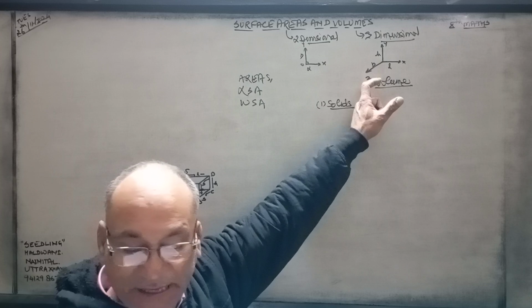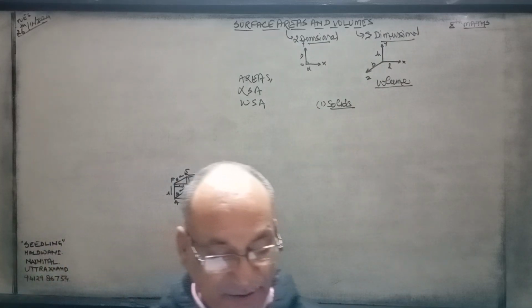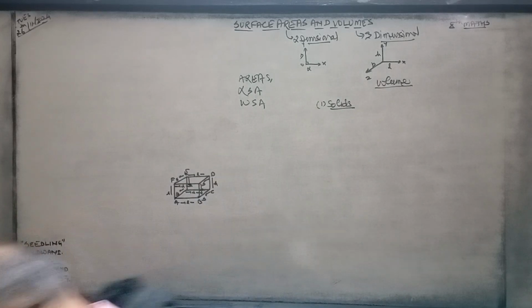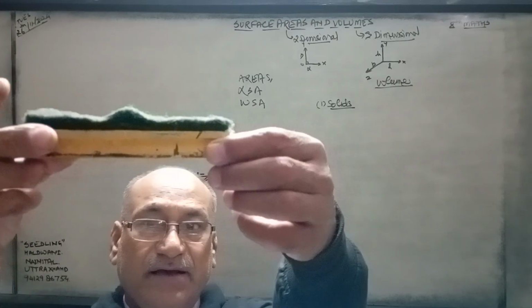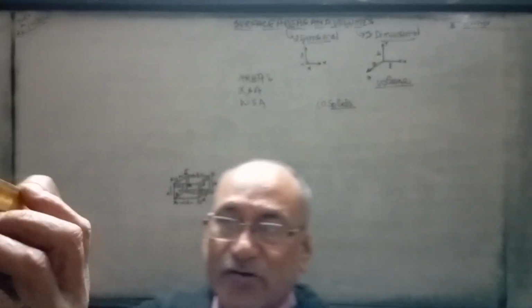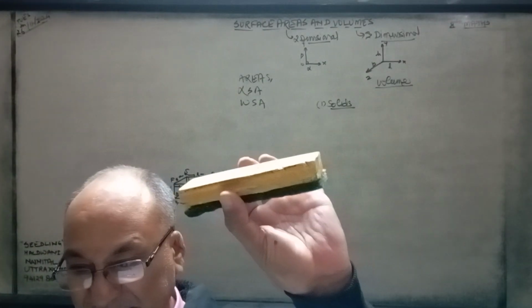So now cuboid. A cuboid is a solid bounded by 6 rectangular plane regions. See, 1, 2, 3, 4, 5, and 6. So now this is the cuboid.